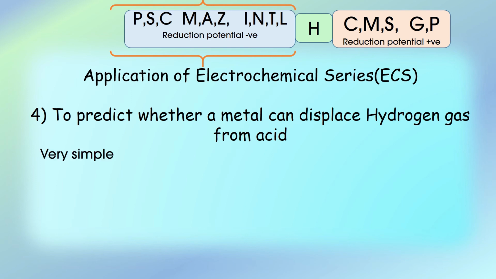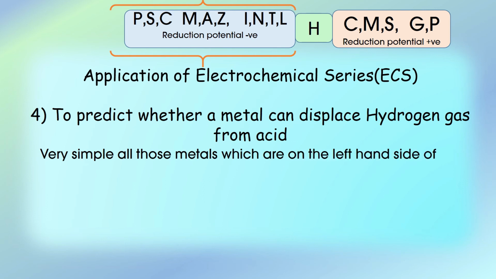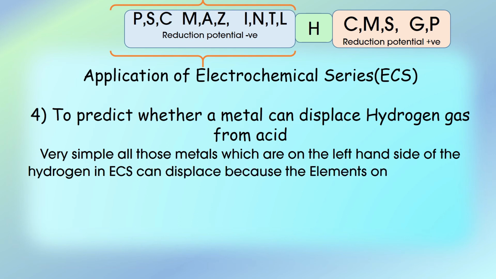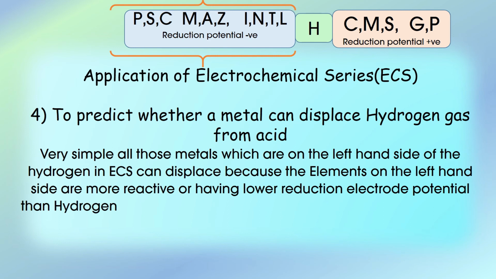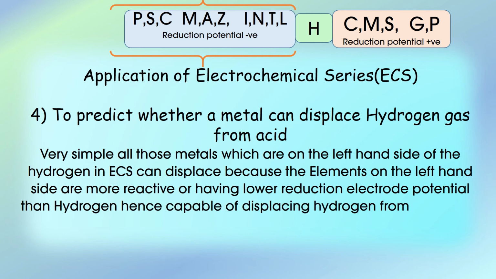From looking into the electrochemical series, we can say that all those elements which are on the left hand side of the hydrogen, or if the series is written from top to bottom, all those elements which are above hydrogen, are more reactive, or they have lower reduction electrode potential. Hence, these elements can easily displace hydrogen from acid.